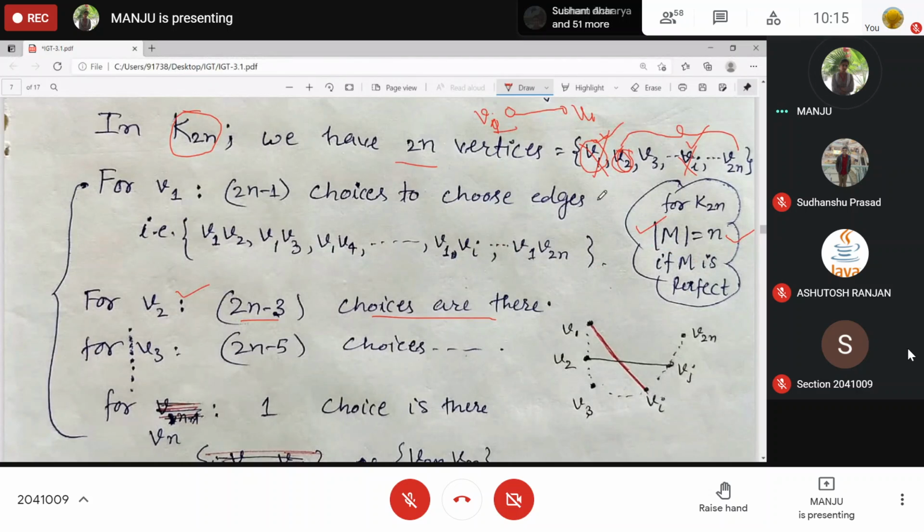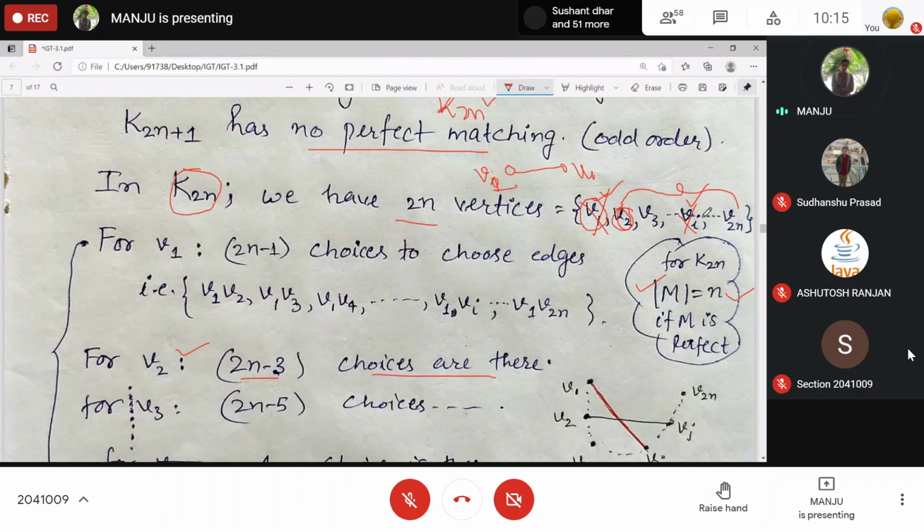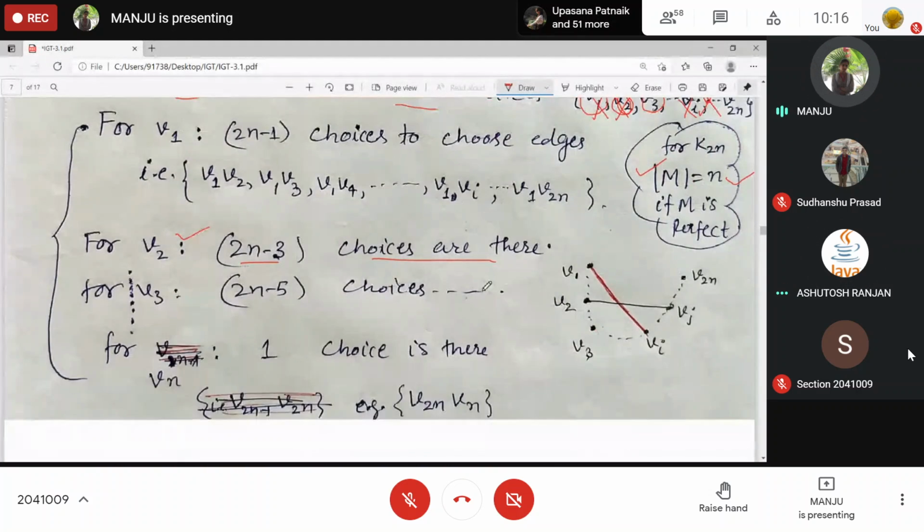Like this, four vertices are gone. Suppose V2 and Vi plus 1 are also gone. Now for V3, how many? Four are gone and one is itself, so 2n minus 5 remaining. Clear?